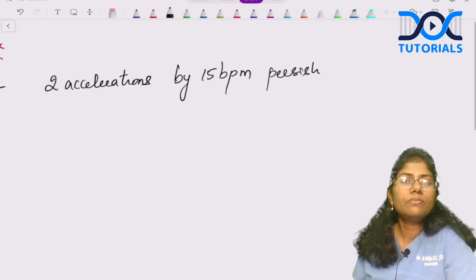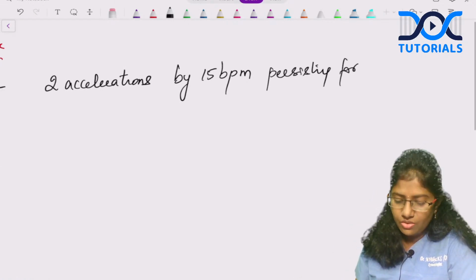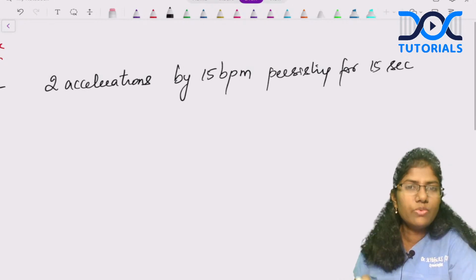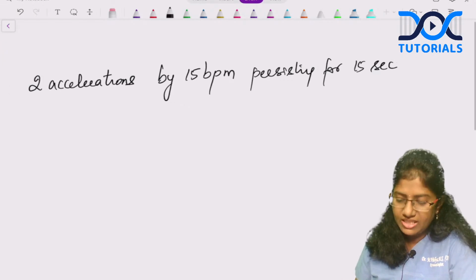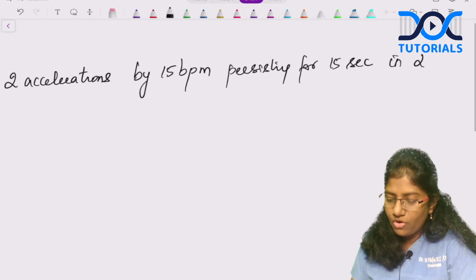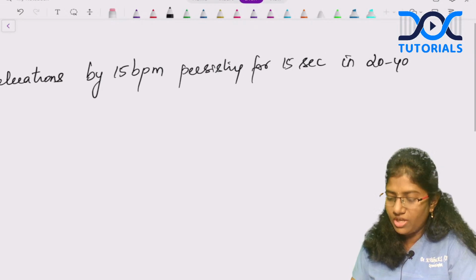So at least two accelerations, at least by 15 beats per minute, persisting for at least 15 seconds in a 20 to 40 minute NST.